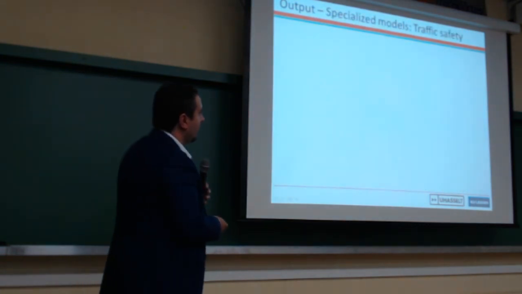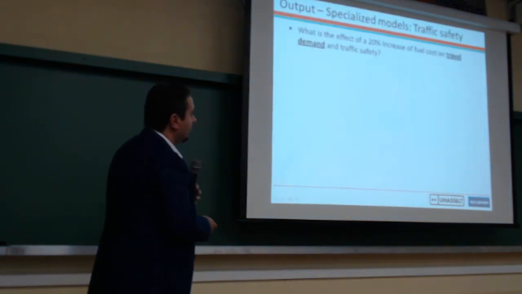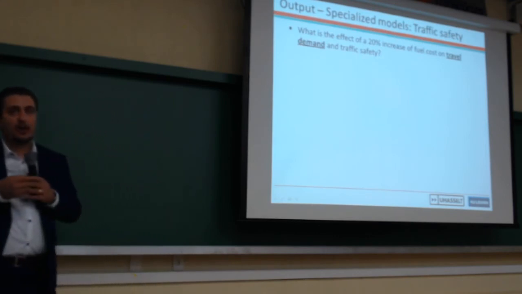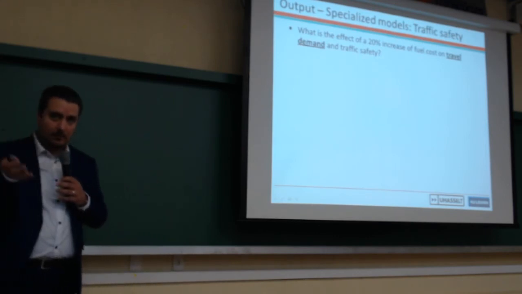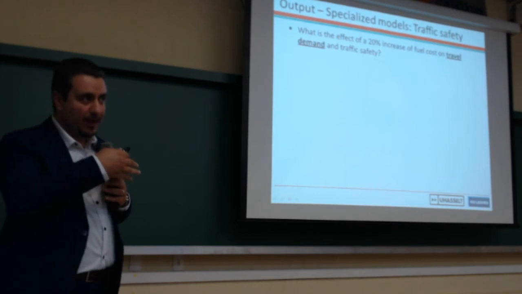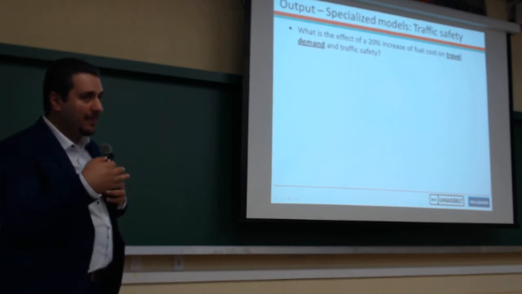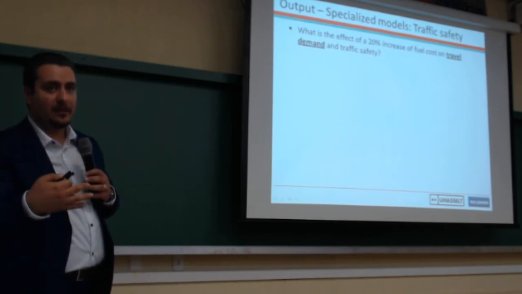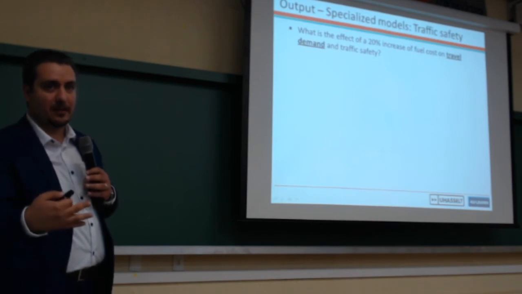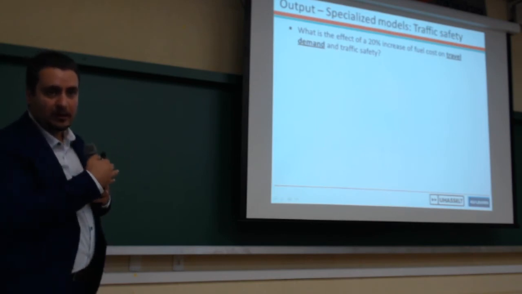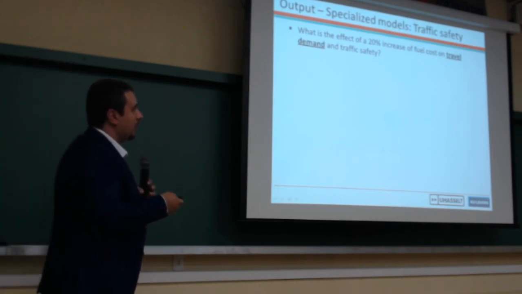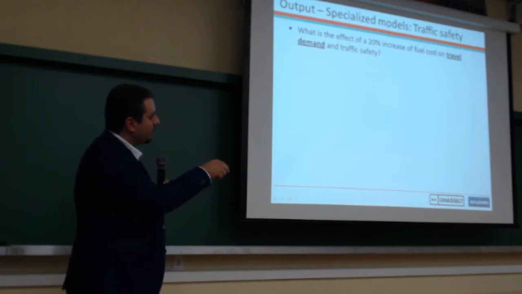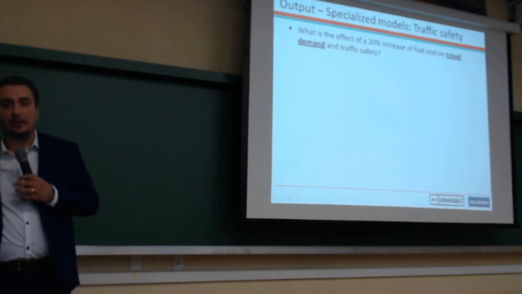As I said before, in the kind of simulation process, we can incorporate different traffic demand management scenarios, like teleworking or traffic safety. And then here we can increase of fuel cost.